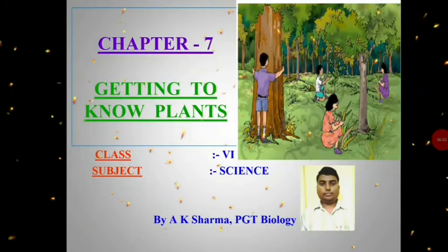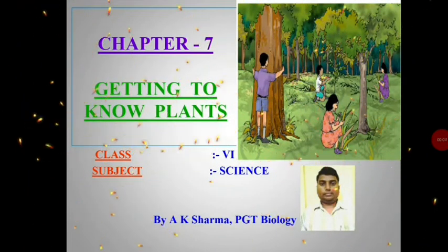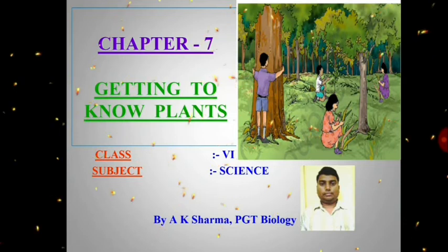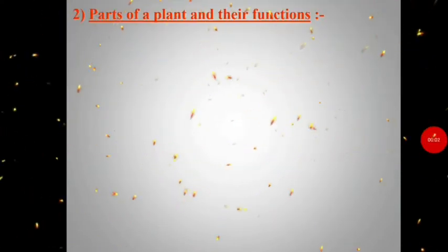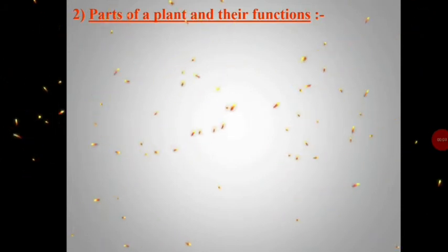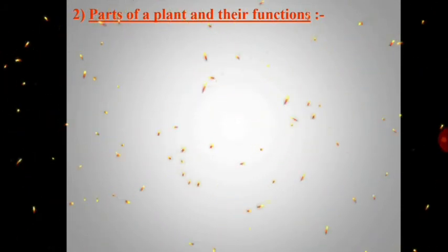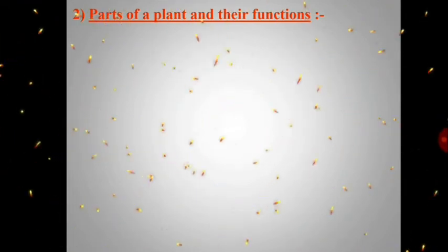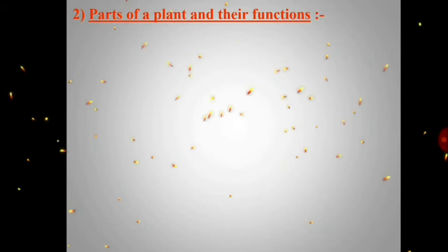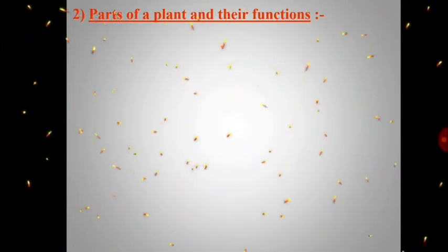Hello students, we are learning chapter 7, getting to know plants. In the previous classes we learned different types of plants on the basis of their heights and stem, and we also learned some of the parts of the plant.